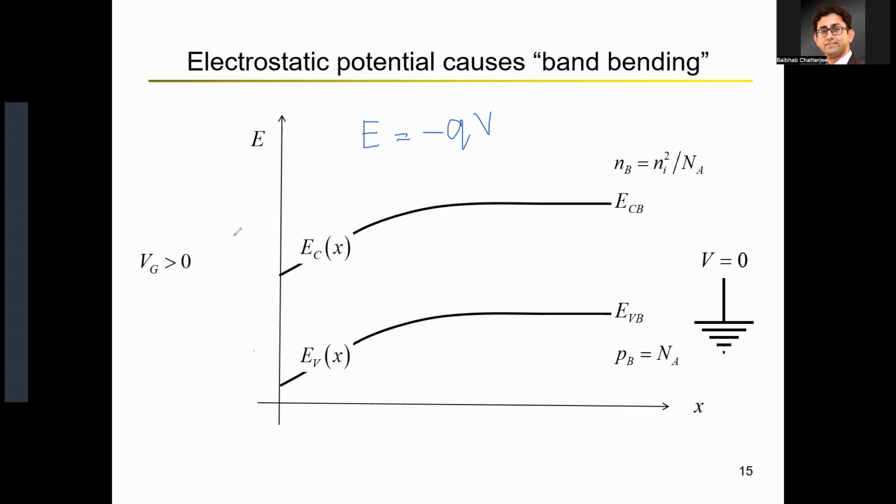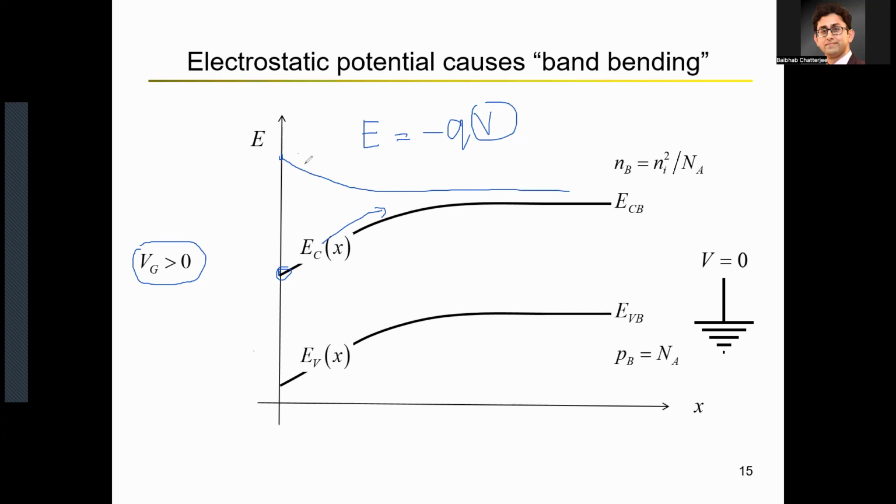That's because as you're subjecting the electrons to a positive voltage, the bands will bend downward because the energy is reducing. If the energy is lowest at this point and then increasing toward this side, the voltage is highest at this point and then reducing on this side, right?